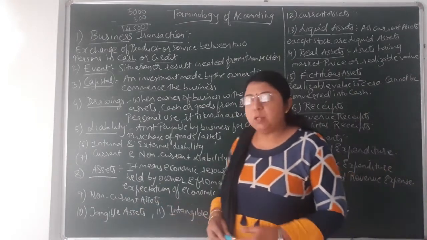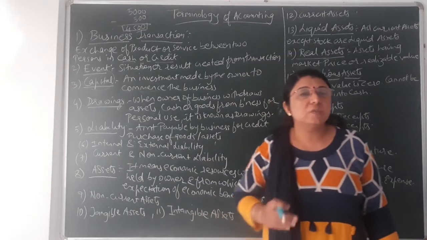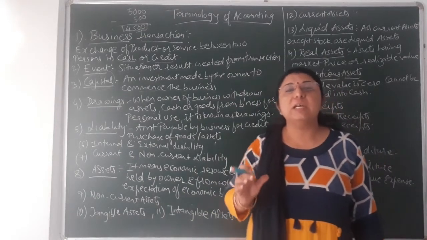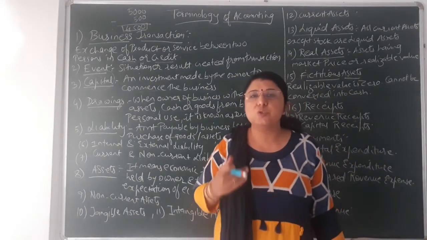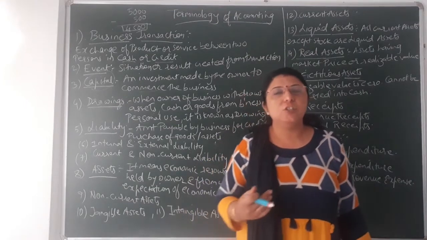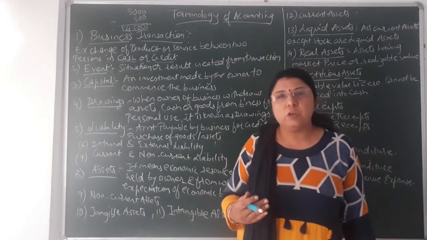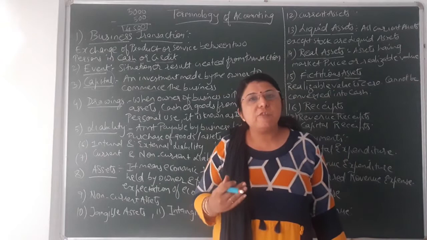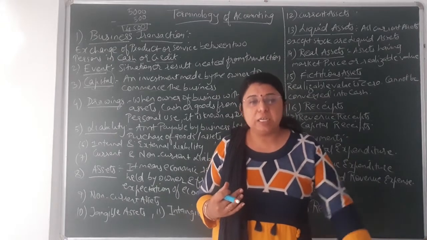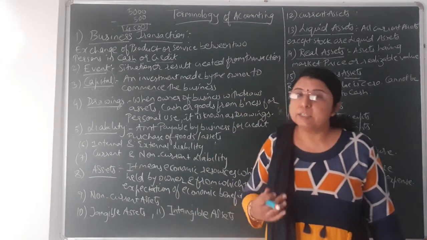Now what is tangible? Tangible assets means those which have a physical form or physical existence, which we can see and touch. Suppose machinery, furniture, that type of assets which we can see and touch are called tangible assets.